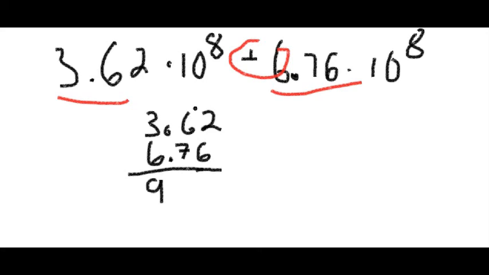3 plus 6 is 9. 6 plus 7 is 13. Well, 60 plus 70 is 130.